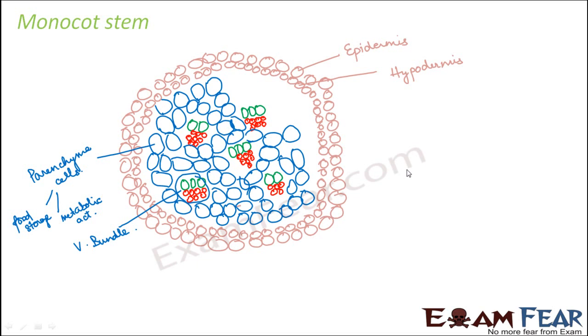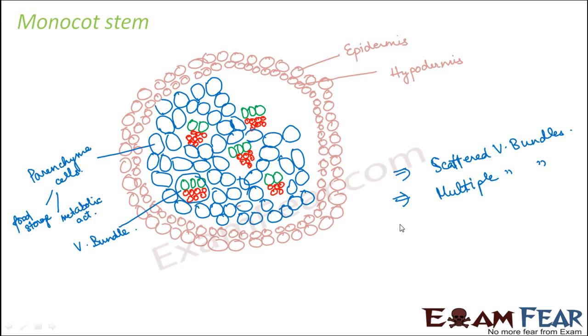So some of the prominent features are scattered vascular bundles, which is one thing. Multiple vascular bundles is another thing. If you see, there are so many vascular bundles present, right?